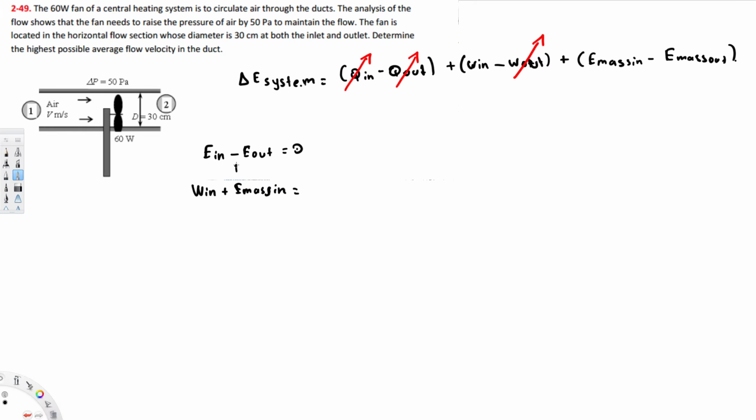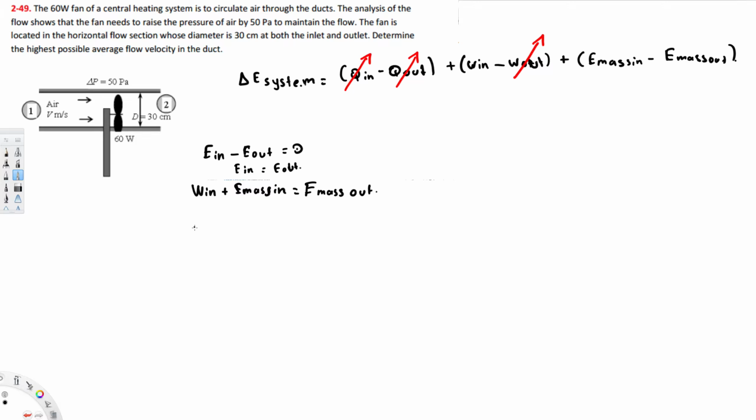So we can say E in is equal to E out. W in, we can keep it in the same way.